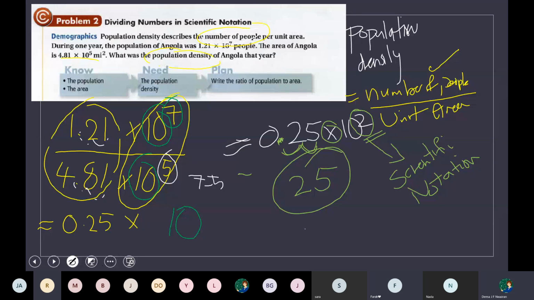Teacher, the answer is not 25. What? In the book, they write 0.252 times 10 to the power 2, not 0.25, teacher. Do you mean that they stop here?